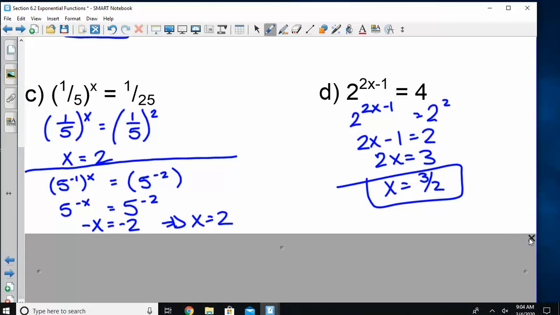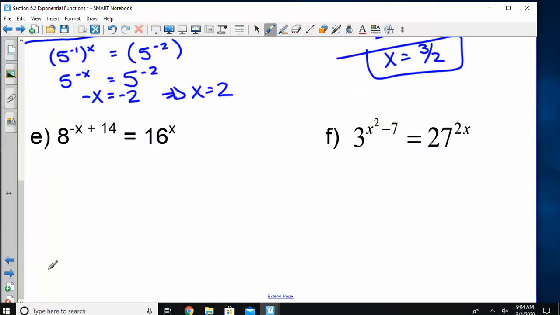Let's look at this. Can I just rewrite 16 as 8 to a power?